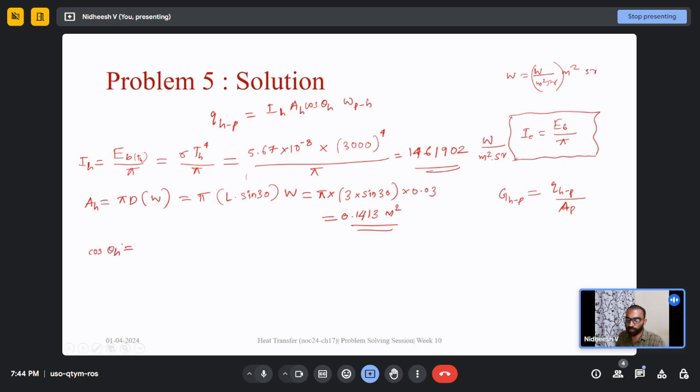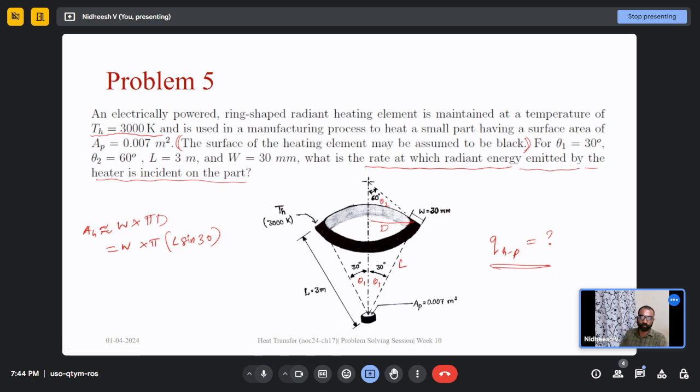Let's again go back to the problem. What is cos theta H? Theta H is the angle near the H hot plate. It is the angle between the normal to the hot plate, that is this normal, this dotted line, and the line that is connecting the center of these two surfaces.